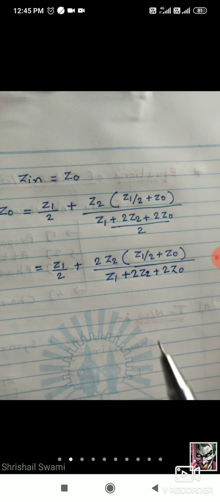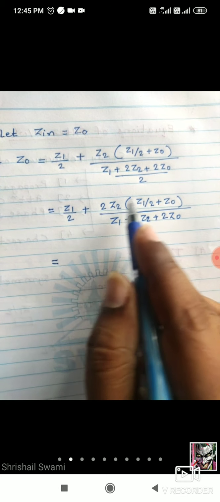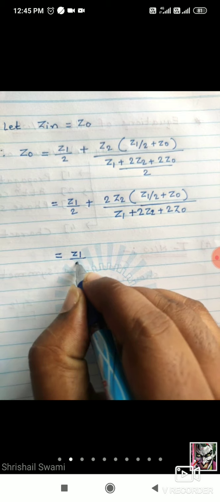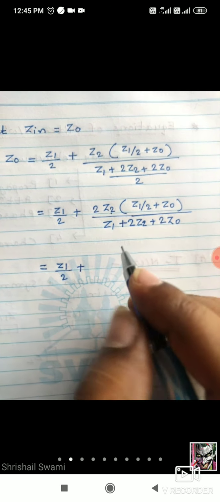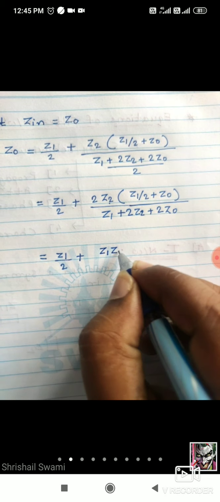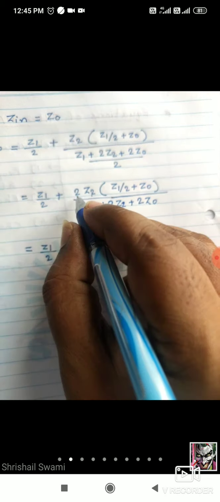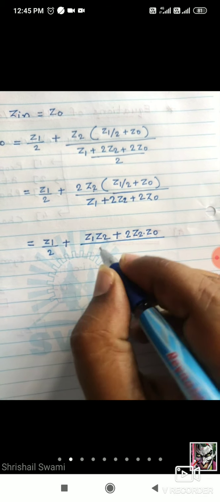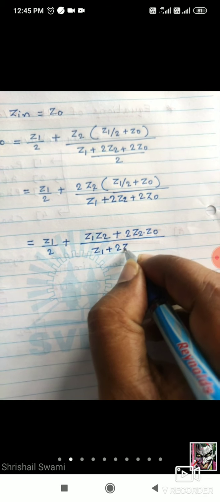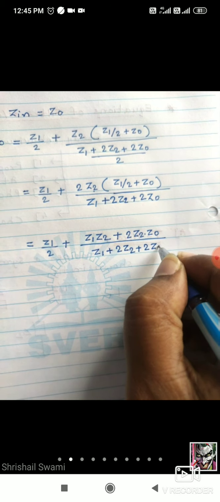So just 2 I have taken in the numerator. Now next, you can rearrange the equation in a proper form. This 2Z2 you can multiply with this. Z1 by 2 remains as it is. So 2Z2 into Z1 by 2, the 2 gets cancelled. What remains is Z1 into Z2 plus 2 into Z2 into Z0, solve this bracket, divided by Z1 plus 2Z2 plus 2Z0 as it is.